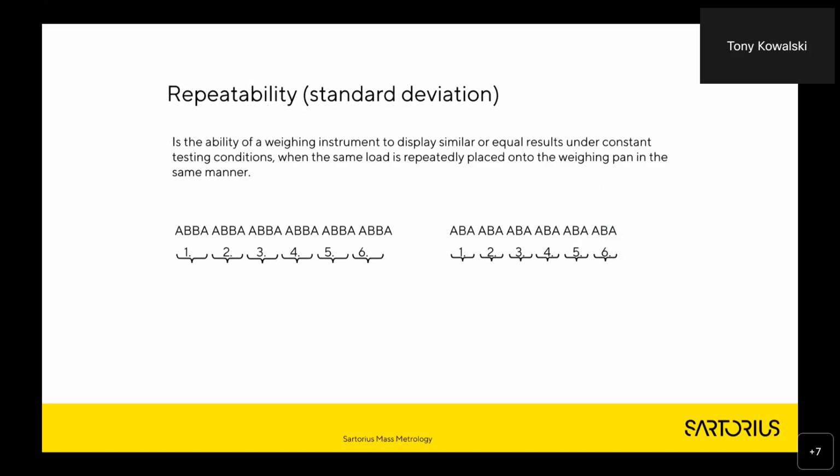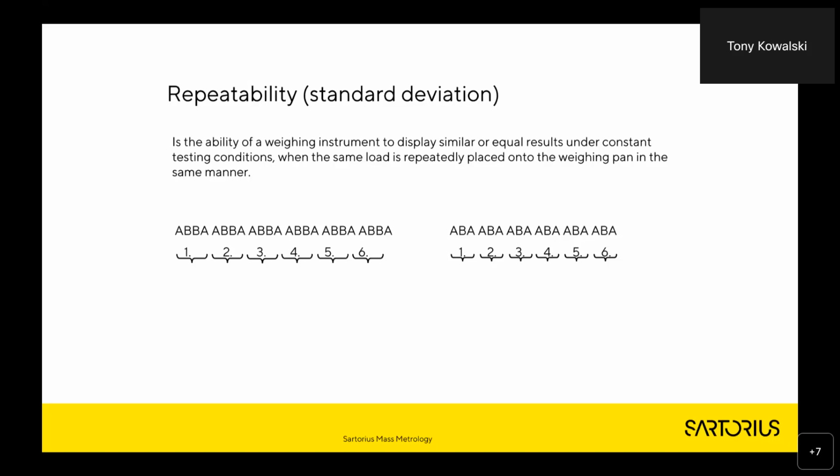So this is what we are going to look at, how we are making the test. For the mass comparator, we want to make sure that we get the results again under standard testing conditions with the same load placed on the weighing pan in the same manner, as close as possible to the center. And usually the mass comparators have some circle markings to give you a little help in where to place the weight.